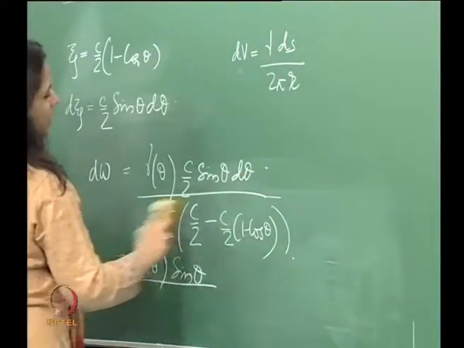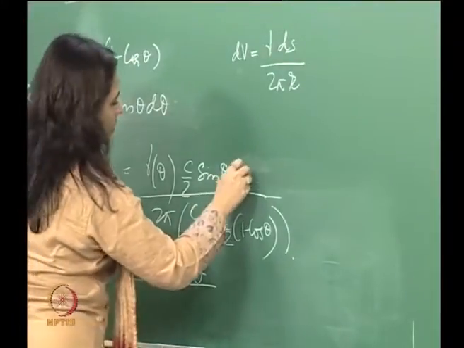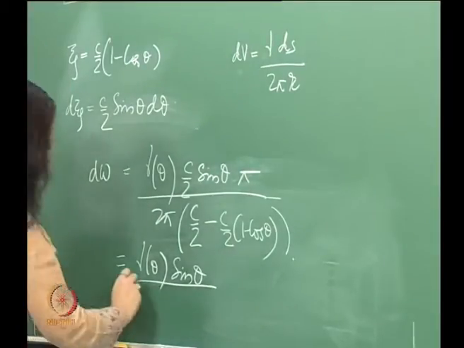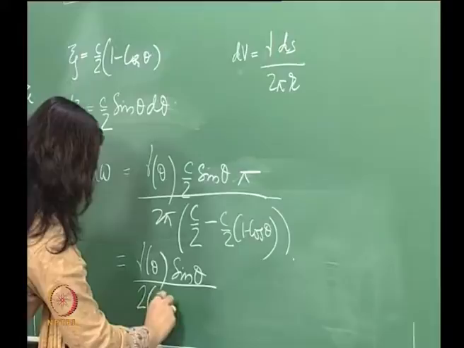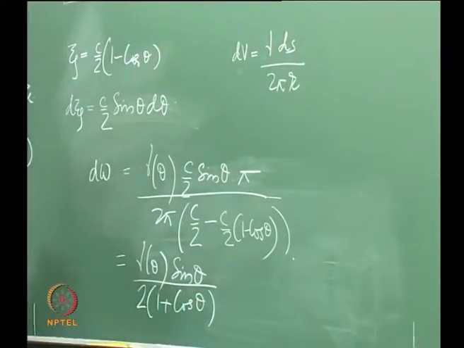Now we are going for the entire plate. So then you do that and you get this into 1 plus cos theta, right, is that right? Yeah. So this is the left hand side of it.